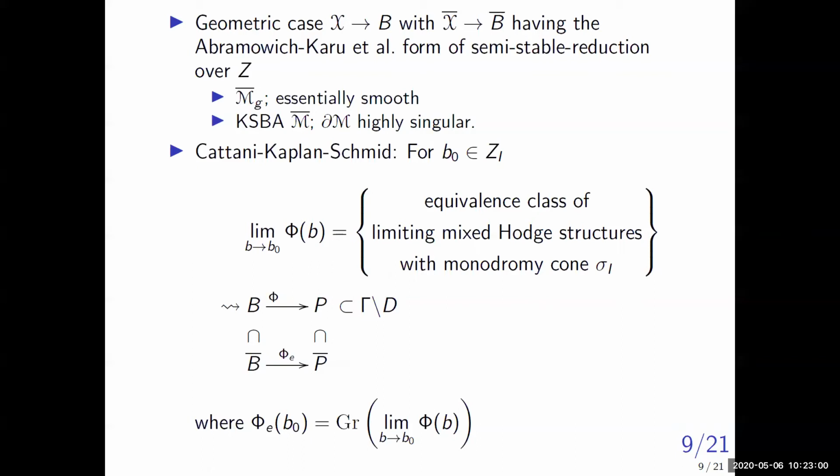You take just the simplest information in a limiting mixed Hodge structure, just the associated graded, it's a direct sum of Hodge structures. And that defines on the set level the map phi E.